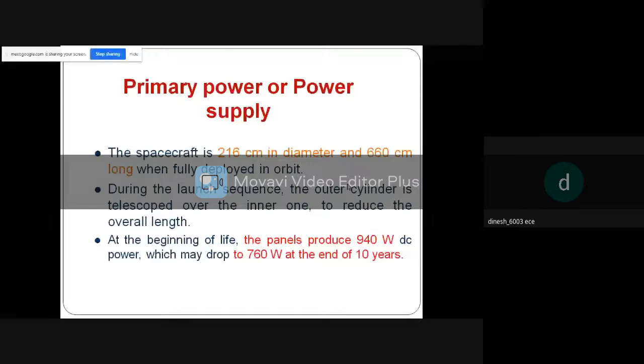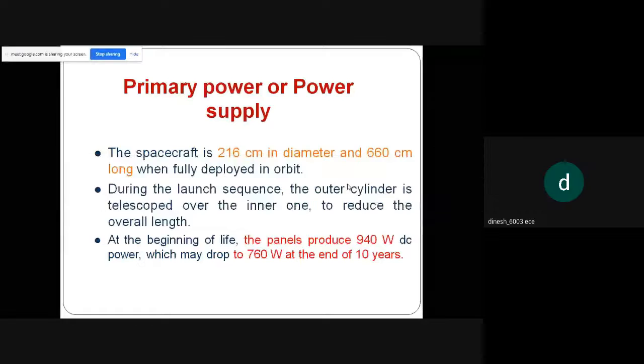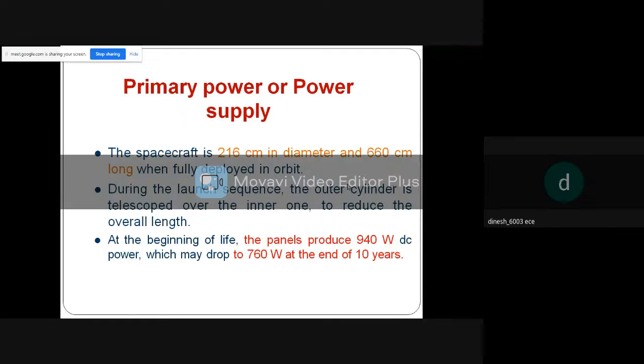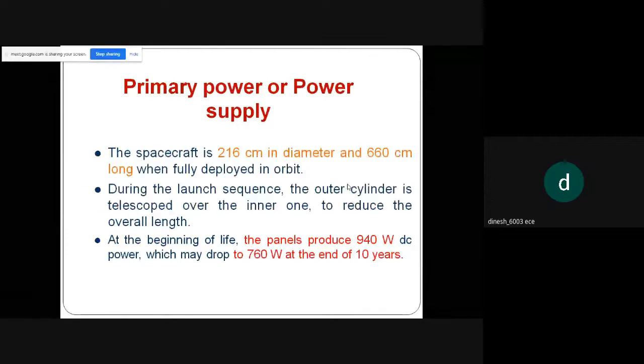So initially, when the panels are launched in space, they provide 940 watts of DC power, which will go down eventually to 760 watts at the end of 10 years, since the minimum lifetime of each satellite deployed in space is considered to be 10 years.